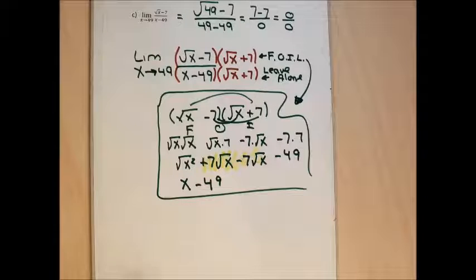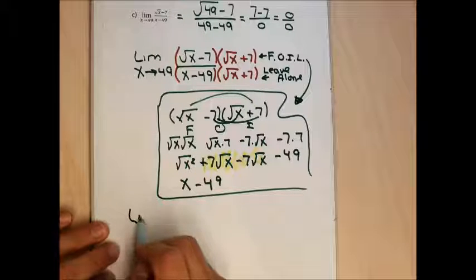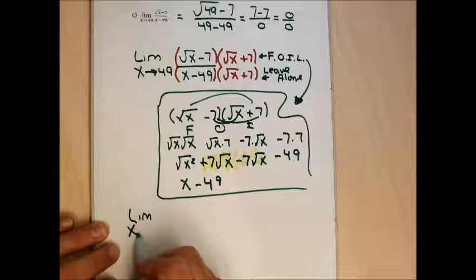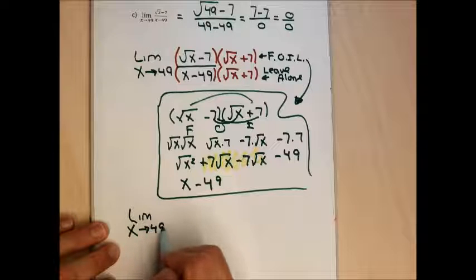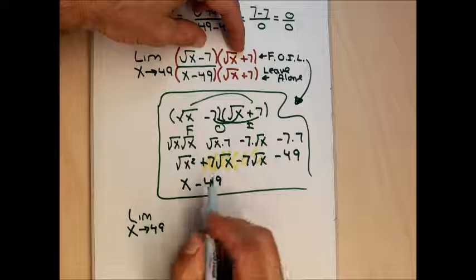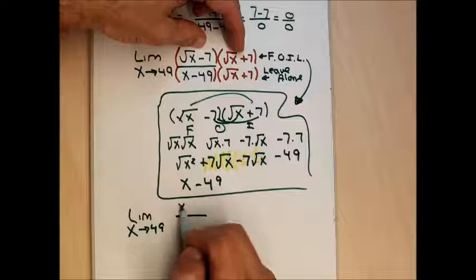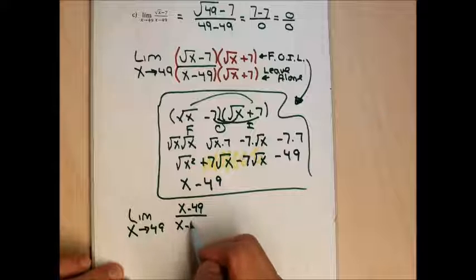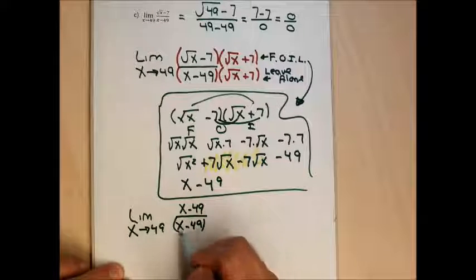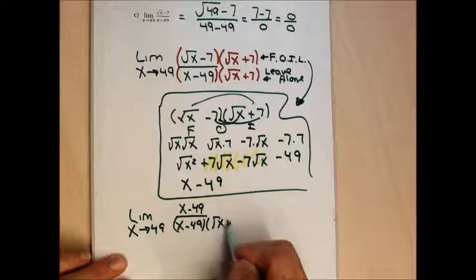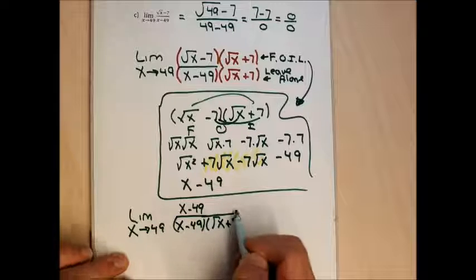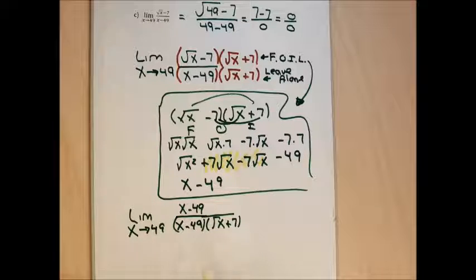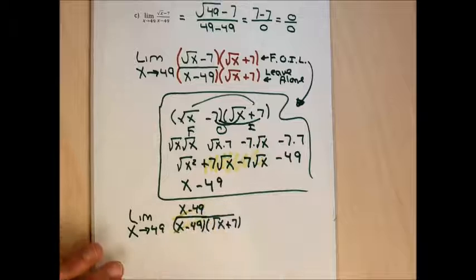And now I'm going to rewrite the problem. I'm going to leave the denominator alone, but instead of writing the numerator like it was, I'm going to rewrite the numerator as x minus 49 because that's what you get when you FOIL the numerator. Good thing about this is I forced the x minus 49s to cancel.